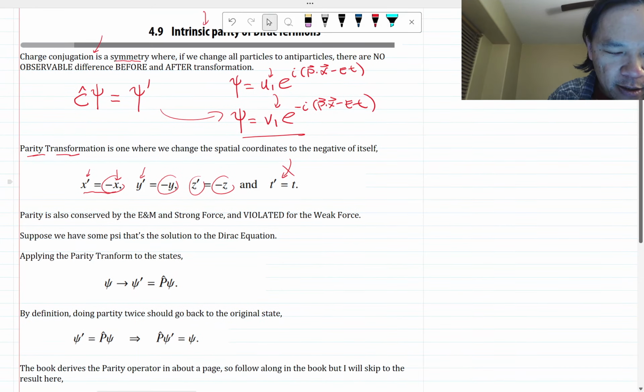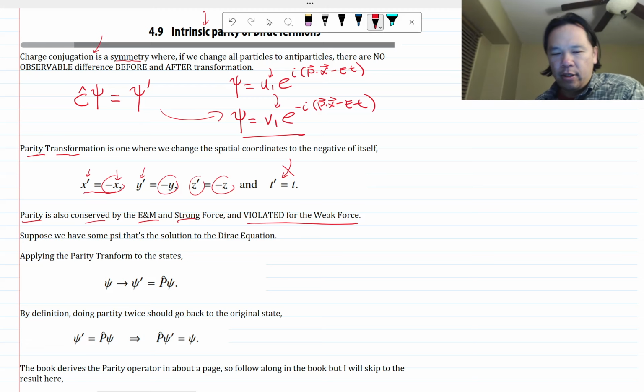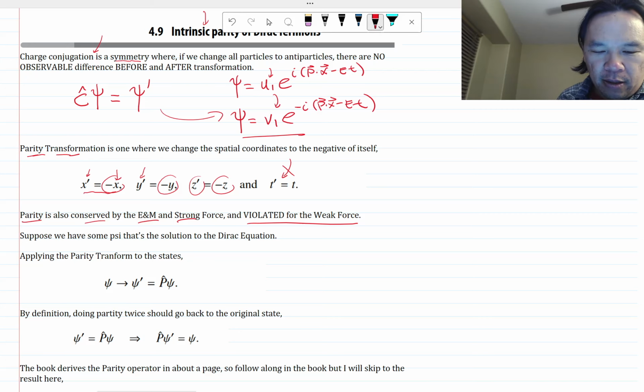This operator, or symmetry, is also conserved by electromagnetic interactions and the strong force, but is violated by the weak force. We'll deal with the weak force later. For now, let's just stick with electricity and magnetism described by quantum electrodynamics, and then in a couple of chapters we'll describe the strong force, which is quantum chromodynamics.